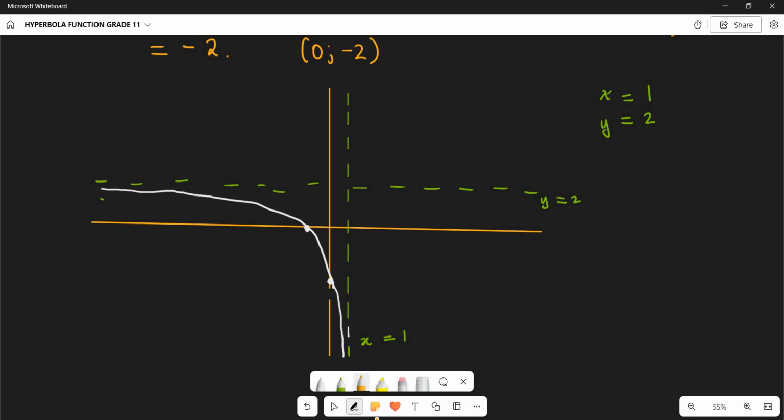There's our graph. You can see it's looking nice there. Then you label your points. This is -1 and this is -2. So now remember, a hyperbola has 2 parts.